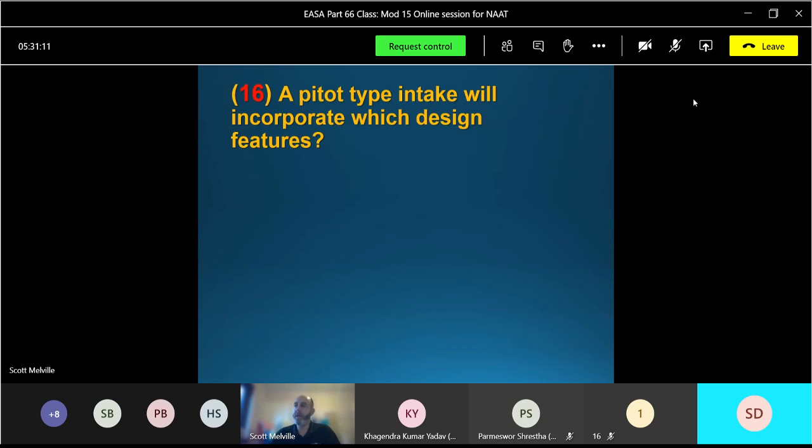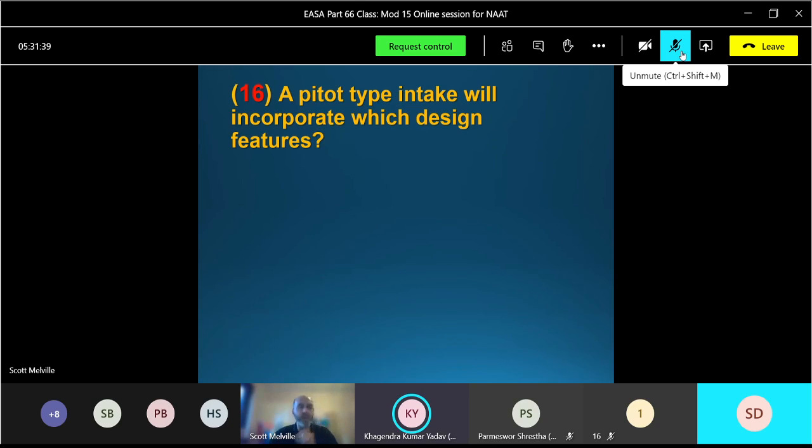A pitot type intake will incorporate which design feature? So think of shape. What sort of shape will it have? Subsonic intake. What sort of shape is it going to be? Oval. Think about from forward to the compressor, what shape's it making? Convergent.